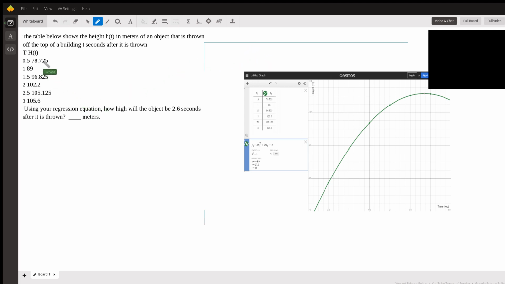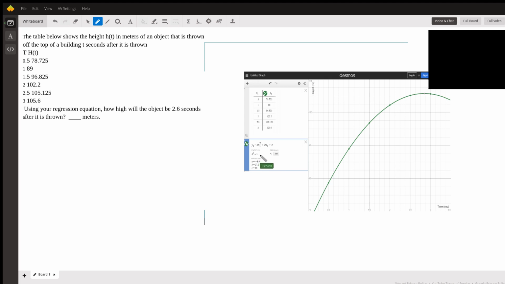Okay, so I just took these data points and I put them into Desmos. You can see that they're just organized in a table. And if you just look at the data points, it's obvious that this is a quadratic equation. So I typed in a general purpose quadratic equation here, and it came back with a perfect fit.